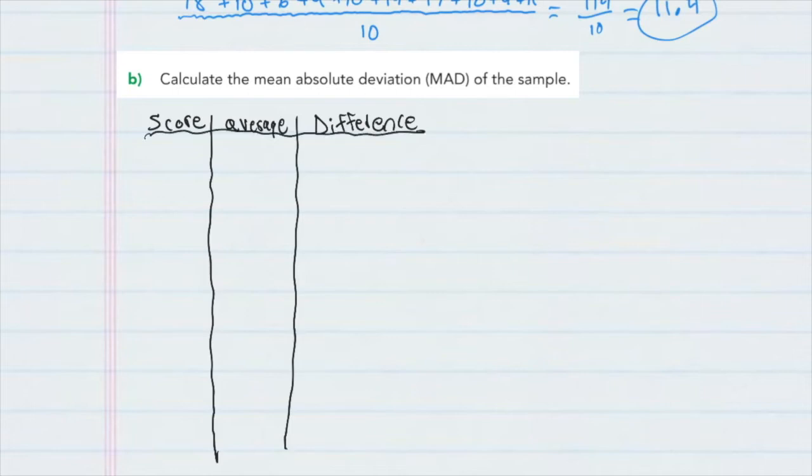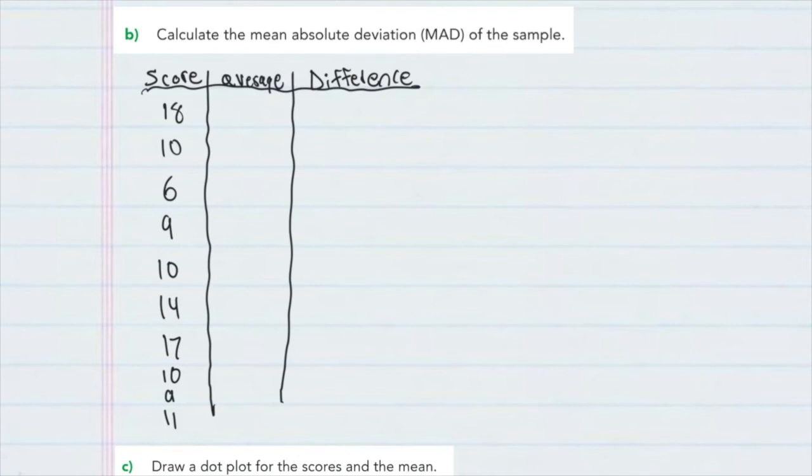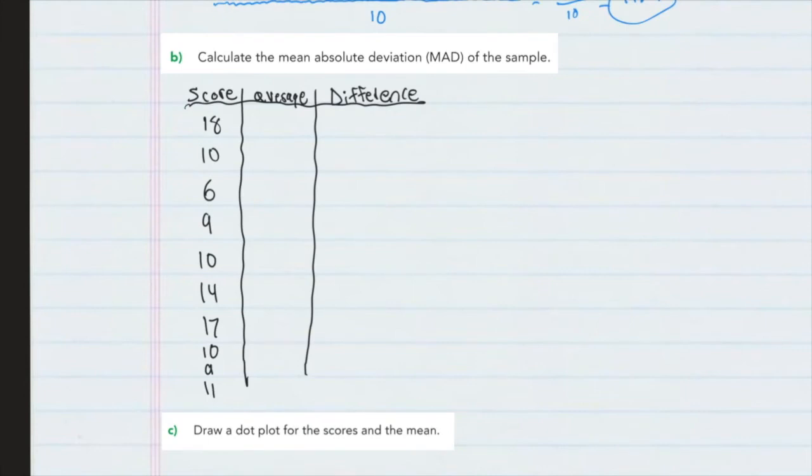And our numbers are 18, 10, 6, 9, 10, 14, 17, 10, 9, and 11. And the average that I found is this one here.